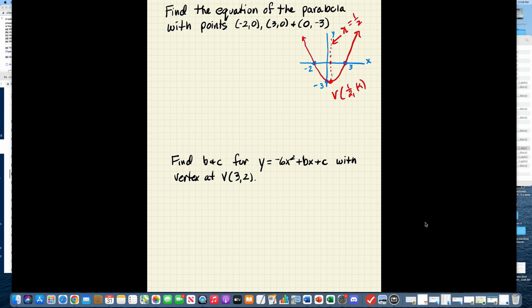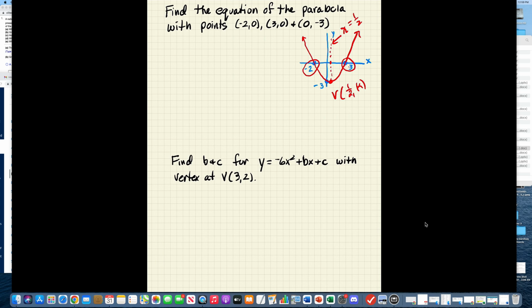The other thing that we have here is these x-intercepts, and I'm going to use those values to help me write my equation for a parabola. And I'm just going to leave it in factored form.